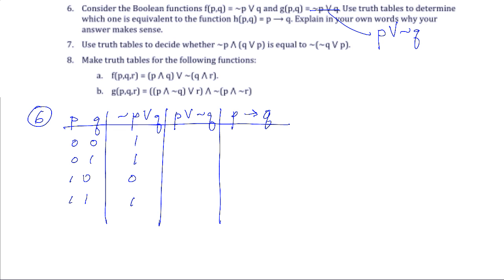On the next one, the only time an OR is false is when both sides are false, and that means P is a 0 and Q is a 1. That's this one, the only time that one's false. The rest of the time it's true.